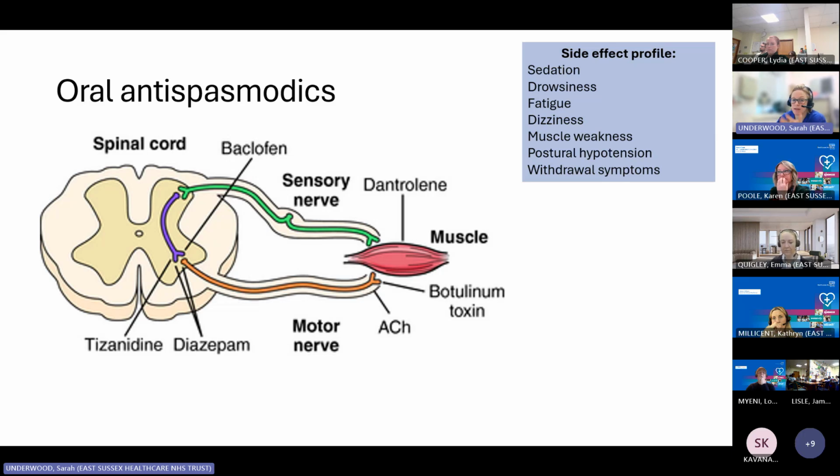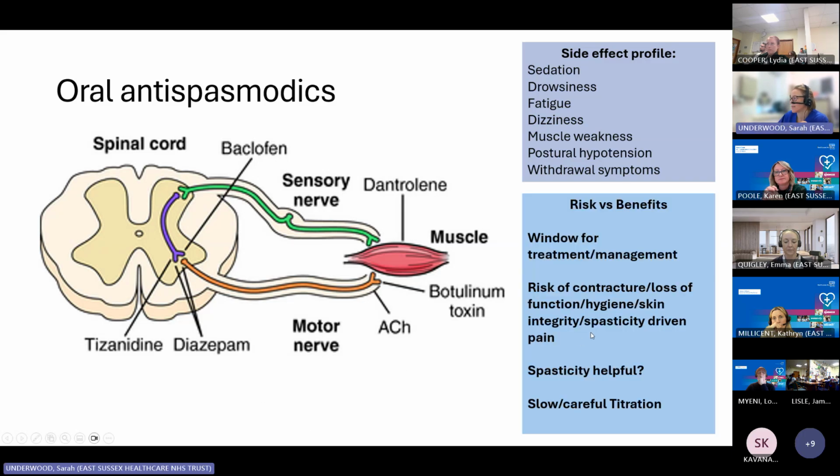So, as I said, they can be helpful. They can provide us a window for treatment and management. If there's a significant risk of contracture or loss of function, hygiene, all those really negative effects of spasticity, or spasticity is considered to be driving pain, but we need to think about whether spasticity is helpful.